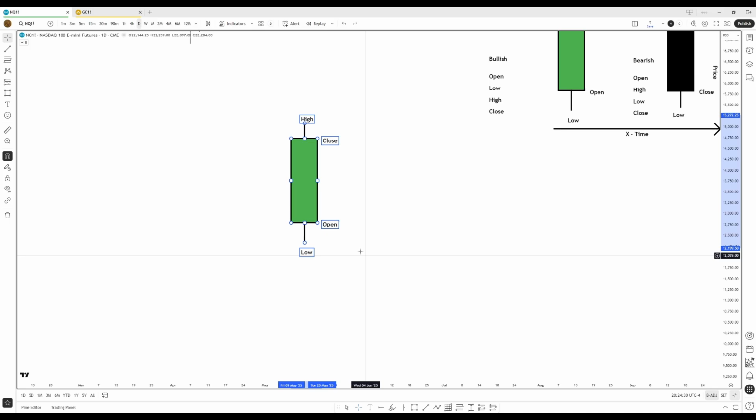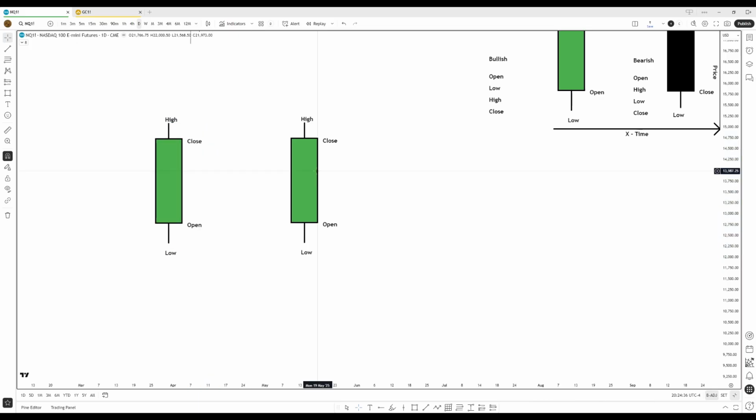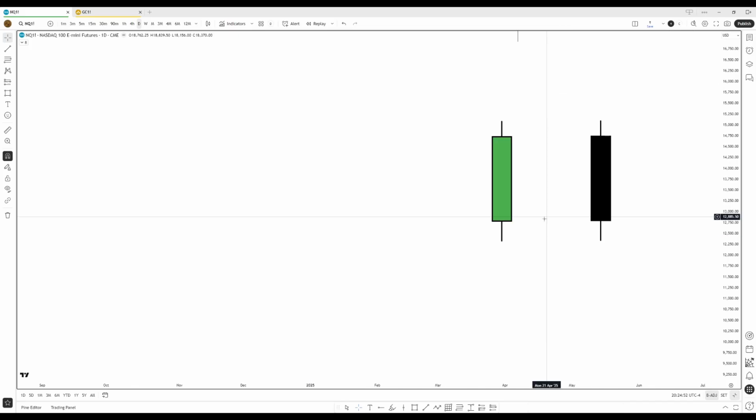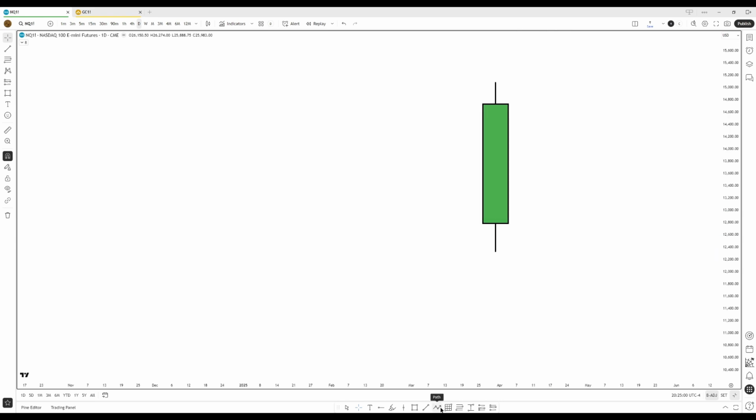So now I have my bullish candle, and this one I'll make my bearish candle. I'll remove these for now, I don't really need these. I'm going to take this line.